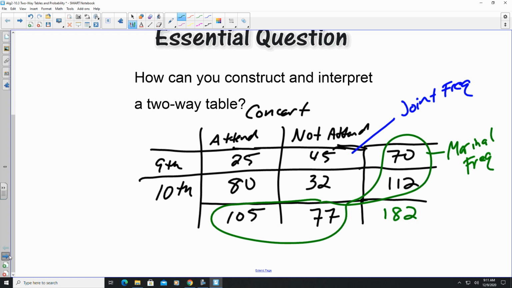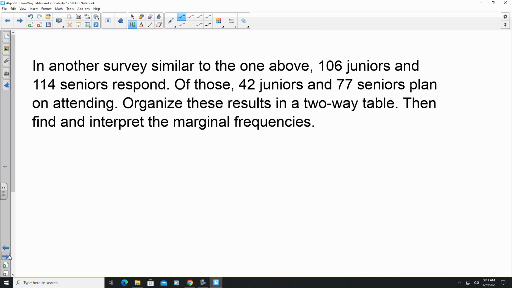All right, so here it says, in another survey similar to the one we just did about the concerts attended, 106 juniors and 114 seniors responded.